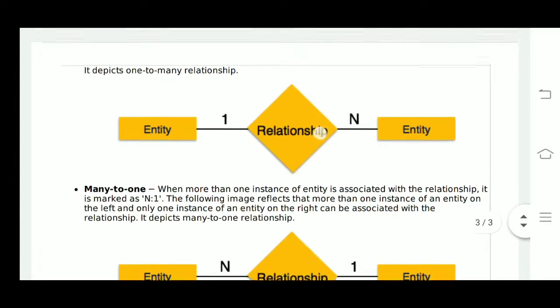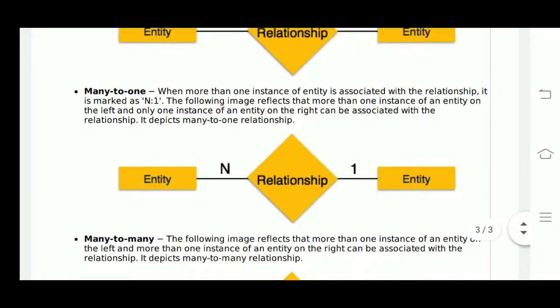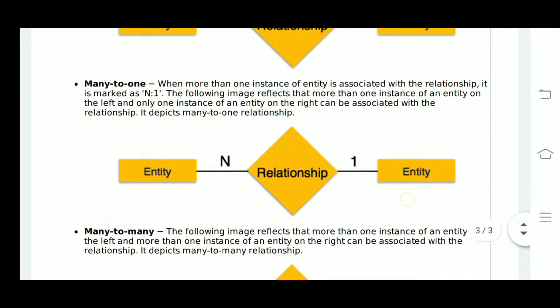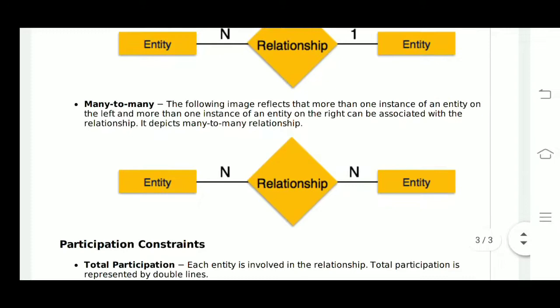Then many-to-one, marked as n:1. The following image reflects that more than one instance of an entity on the left and only one instance of an entity on the right can be associated with the relationship. It depicts a many-to-one relationship. Then many-to-many, as you can see from these previous figures, many-to-many will be n:n, like this figure.